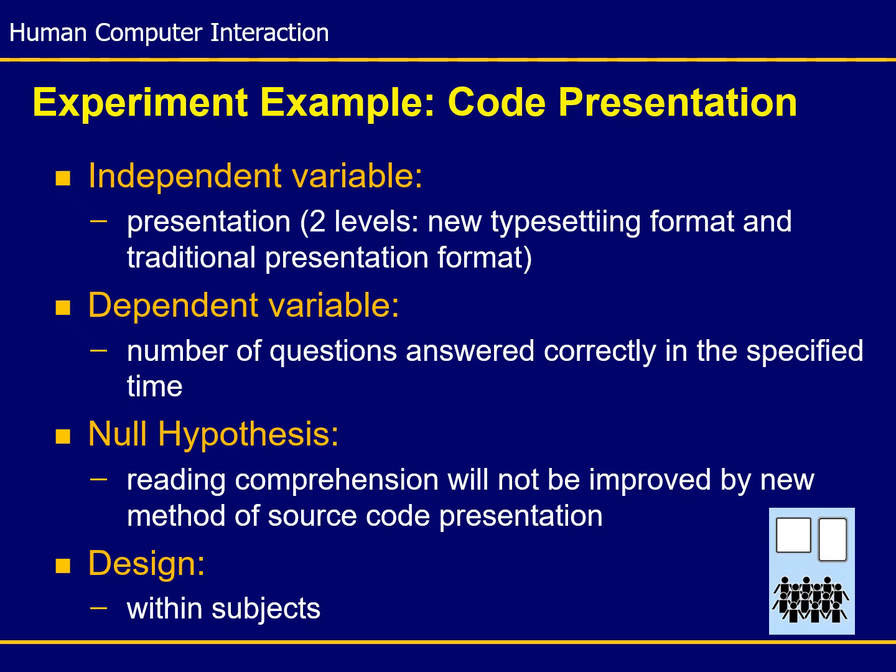But here they had to take care of something. They had two presentations. So it does not make sense to show the same piece of code using the two presentations and then ask about the same piece of code twice. Because when you see it the first time, you will understand it regardless of whether it's the new presentation or the old presentation, and then you're going to answer the questions about it.